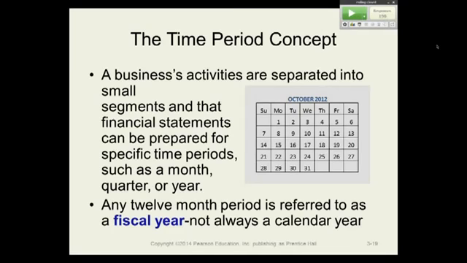So in this case, if you think about it, you're paying that person $80 a day, and therefore you would have to come up with $240 of salary expense in October, even though you don't pay it until November.